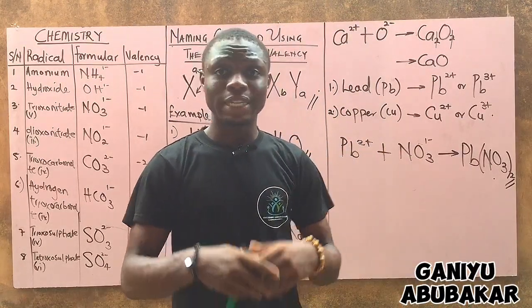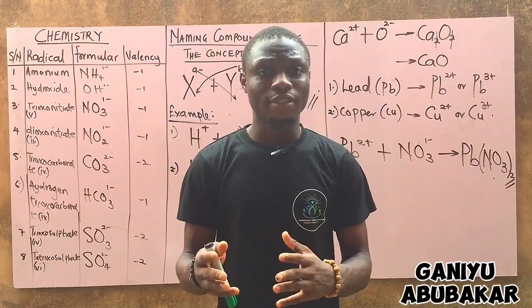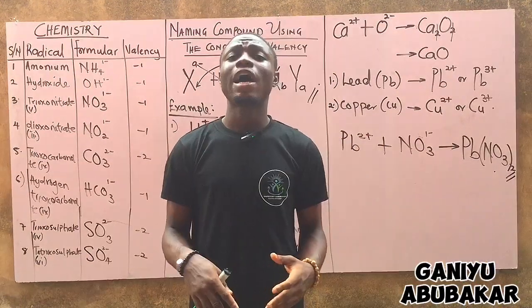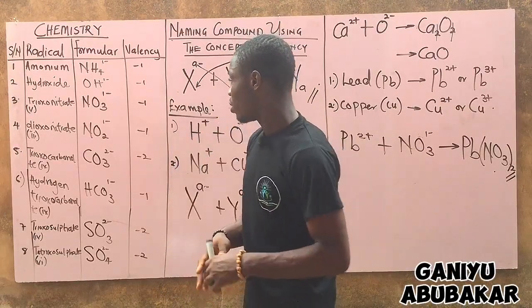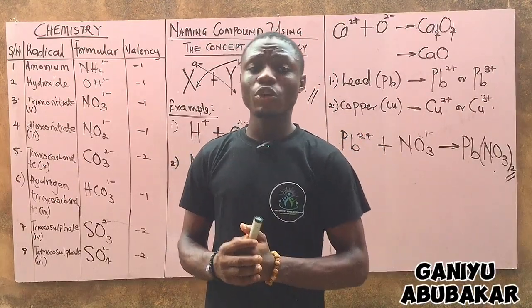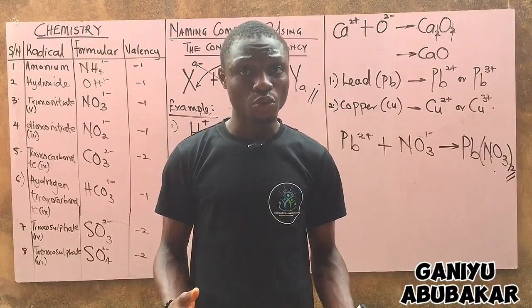Example 2, limestone used in making cement is got by the combination of calcium and trioxocarbonate 4, right? So the question now says, what is the correct formula for limestone?